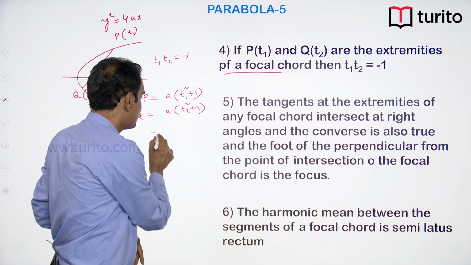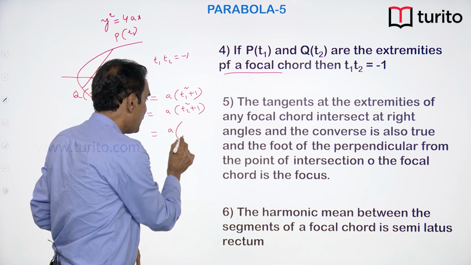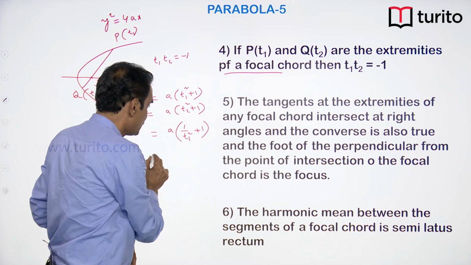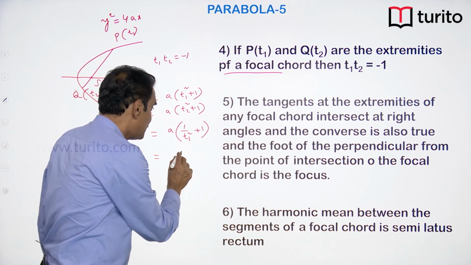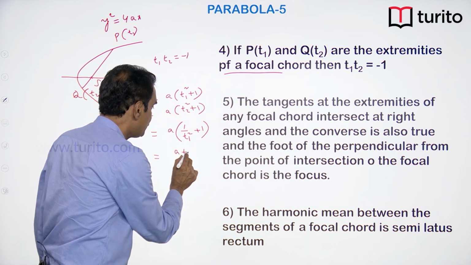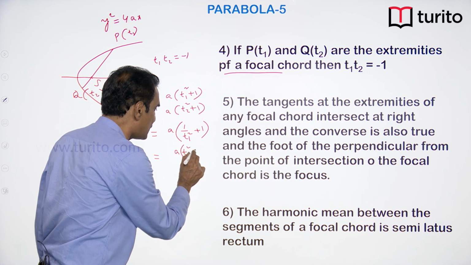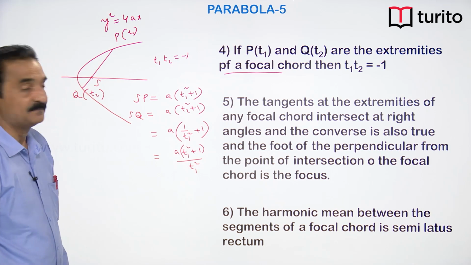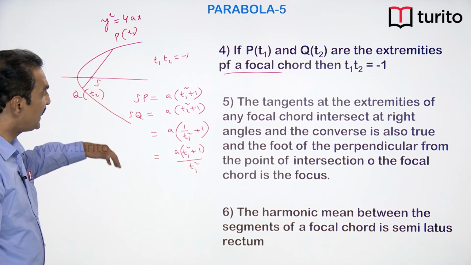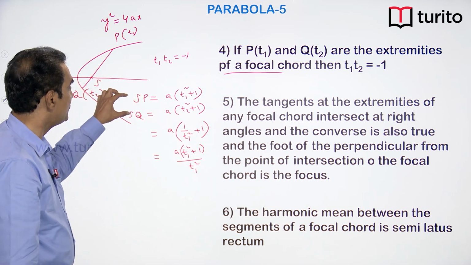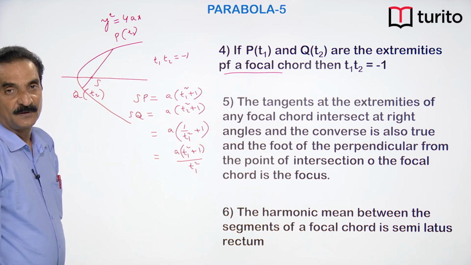So, it becomes a(1/t1² + 1), which equals a(t1² + 1)/t1², sorry. Now take the harmonic mean of SP and SQ.